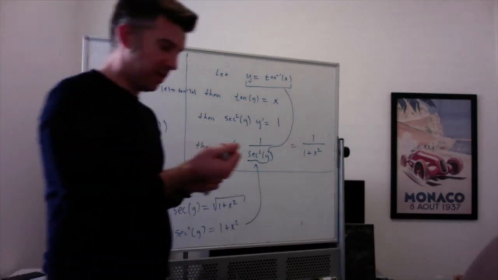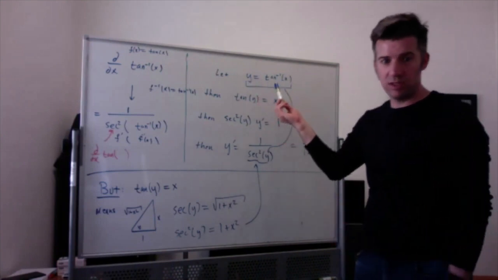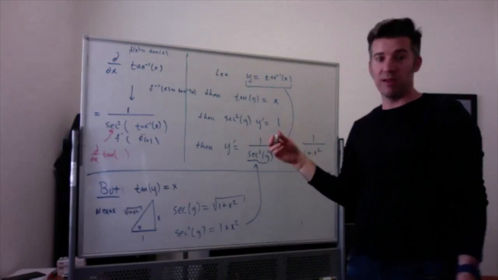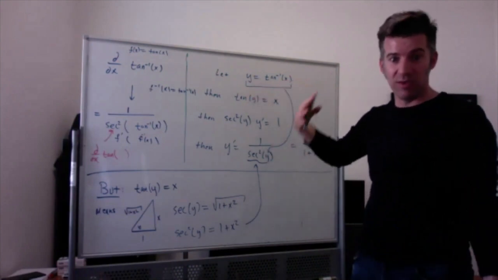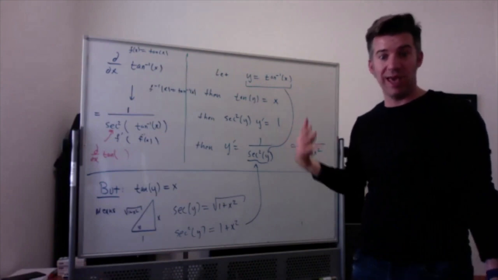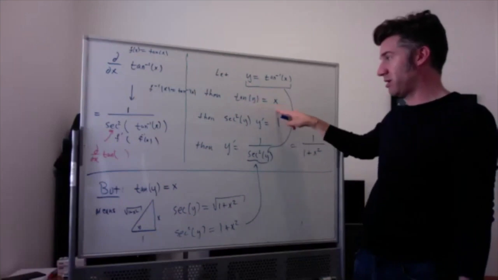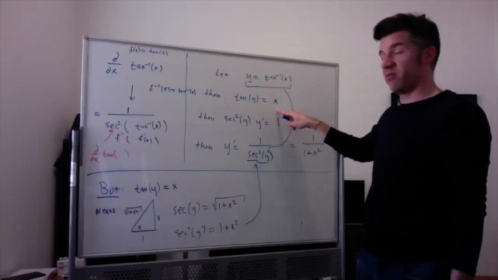Or you could do it the more normal way, where you say I've got y equal to inverse tangent. I'm going to rewrite this as tangent of y equal to x, since y equals inverse tangent is the angle that if you take tangent of it, you get x. And then we take the derivative of both sides.